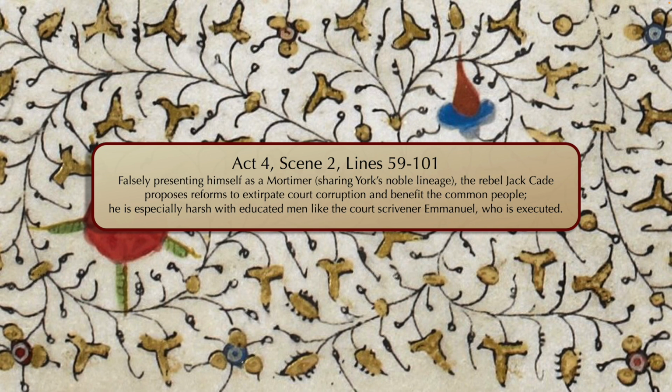And this is interesting, because Jack Cade is a complicated character. On the one hand, he points out how the powerful exploit the lower classes for their own advantage. The reforms he proposes seem outrageous and outlandish, but he is acknowledging legitimate grievances.